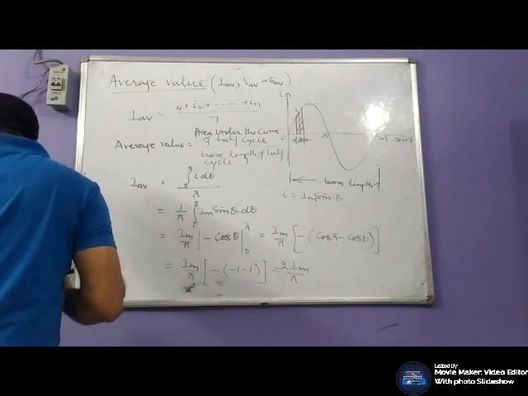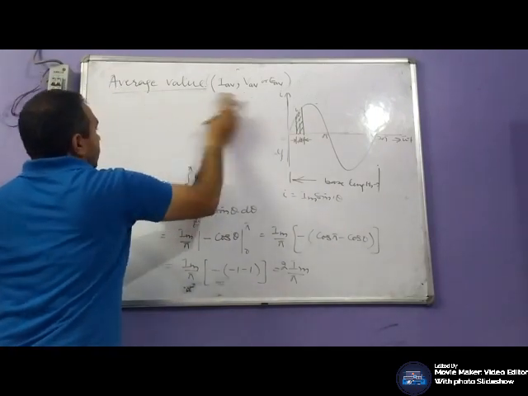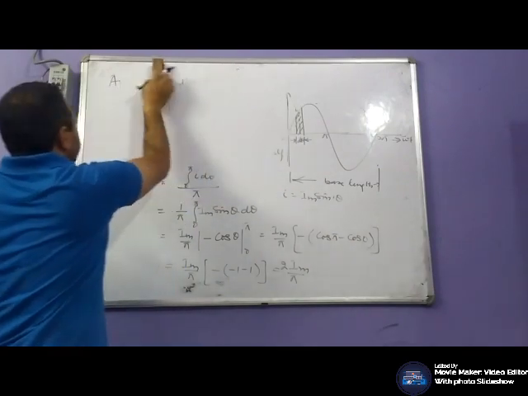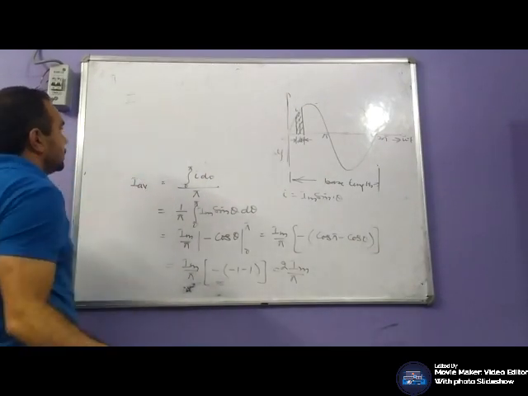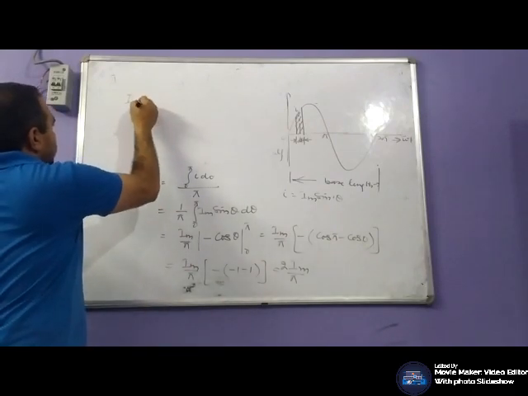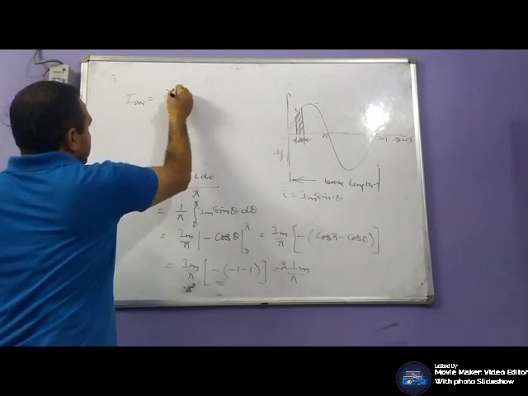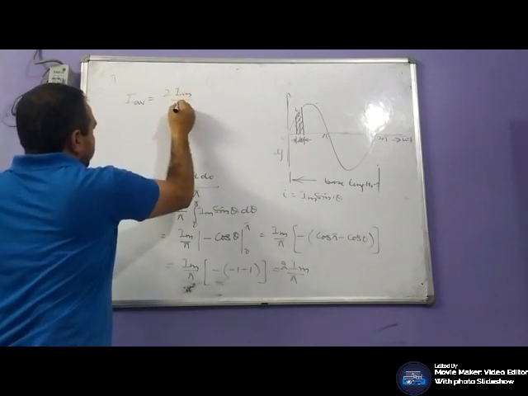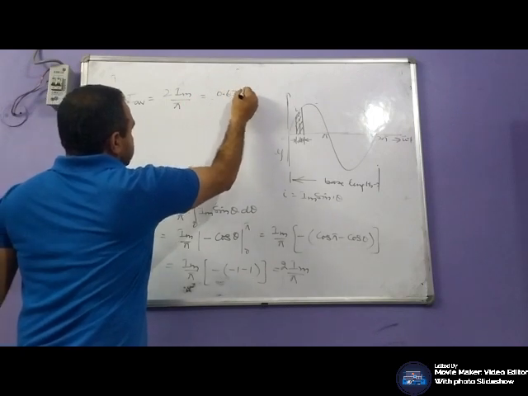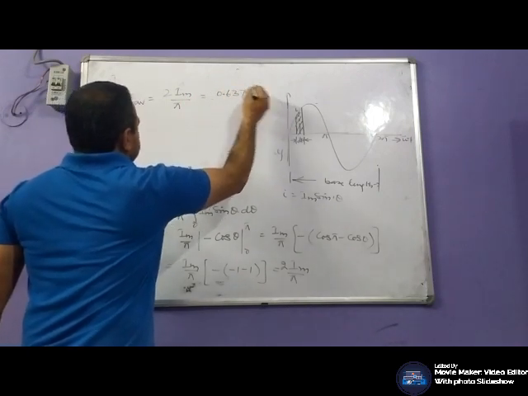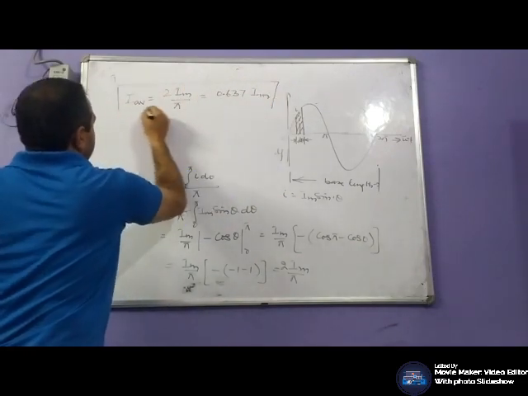So what would be the average value of the alternating quantity, the average value of the sinusoidal wave shape? I average would be equal to 2 Im by pi, or 0.637 of the maximum value.